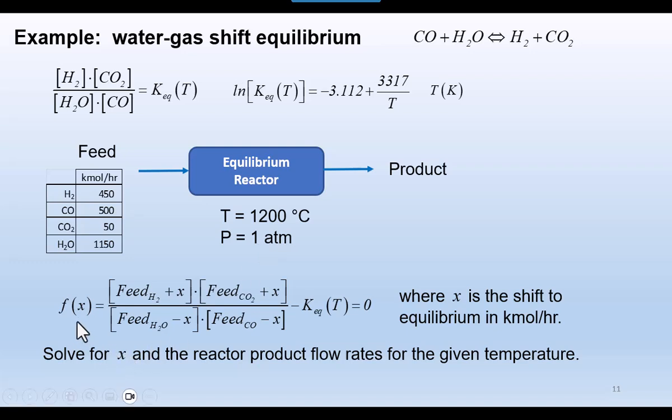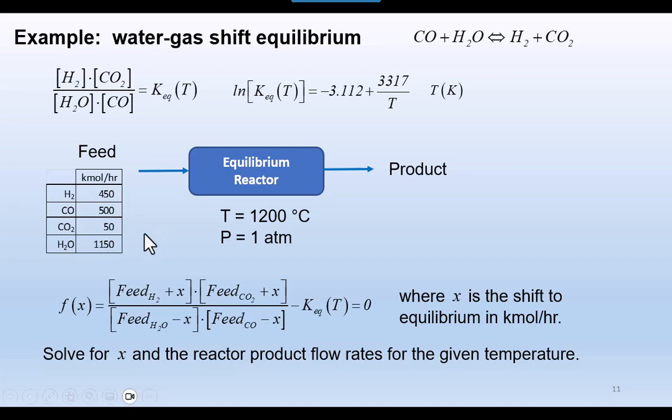Then we set up an equation that needs to be solved. We feed these amounts to the reactor, and in order to establish equilibrium, the amounts in the reactor shift.